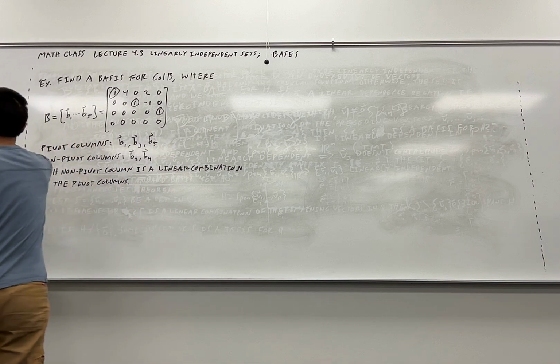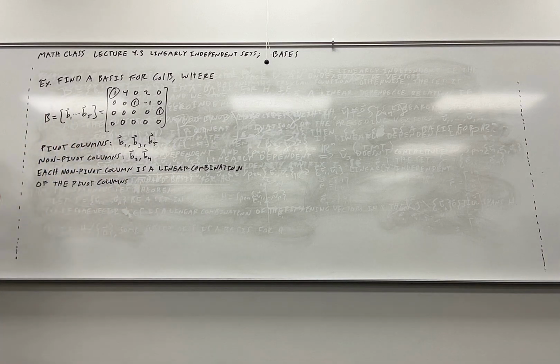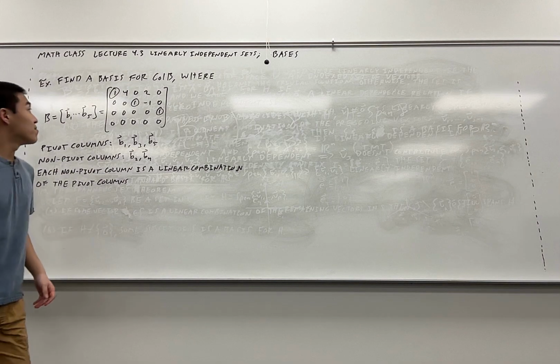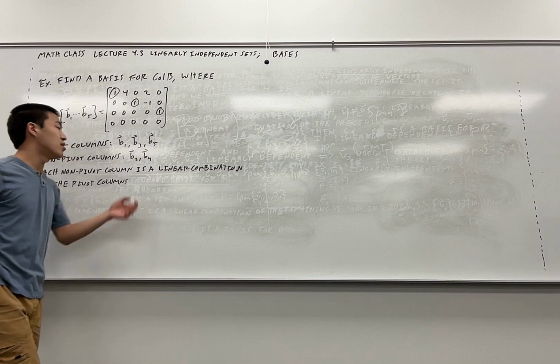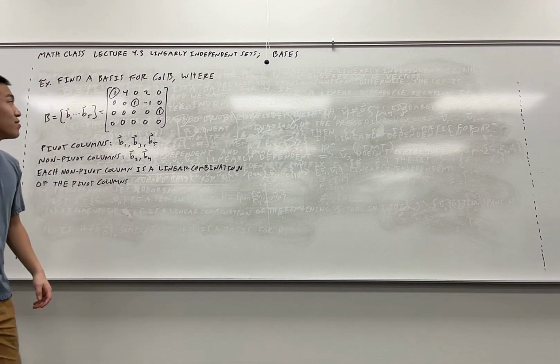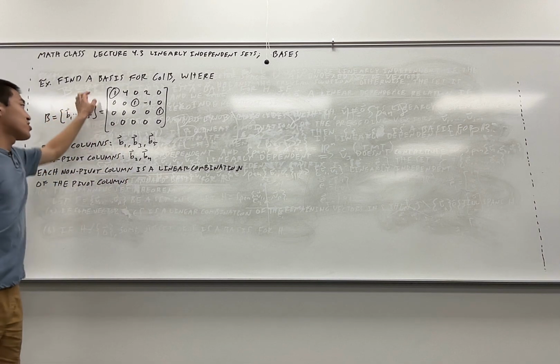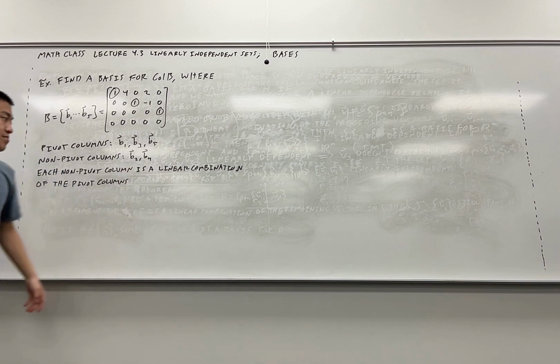I feel like now's a good time, in case I forgot to mention it, the column space of a matrix is simply all possible linear combinations, so the span of your columns in the matrix. So quite literally, I just want a basis for the span of these columns.